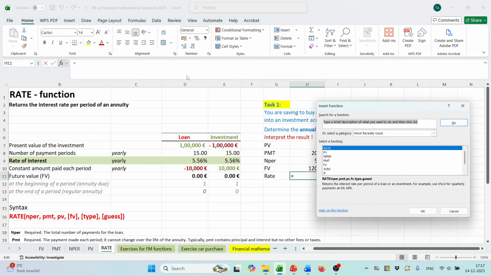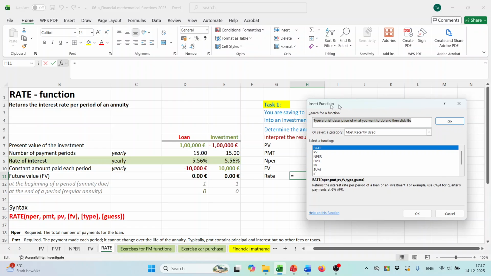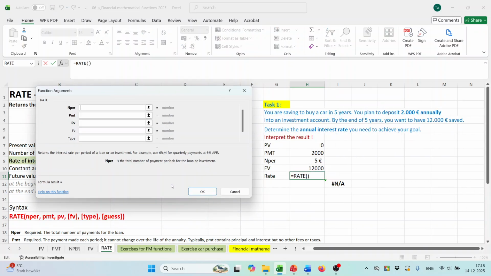Rate, nper should be this one. Payment 2,000 euro should be entered with a minus, present value is 0.